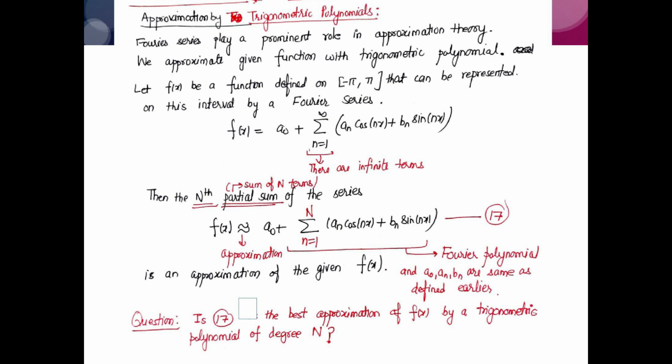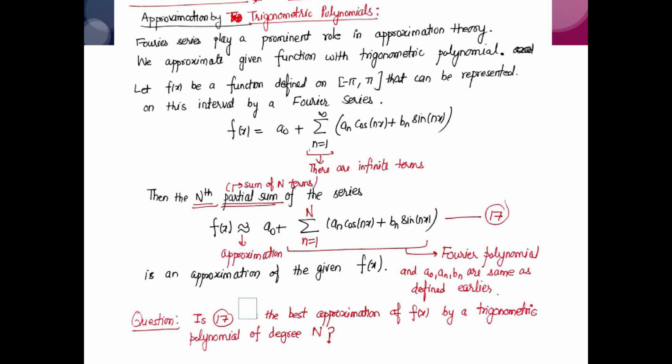This is the Fourier polynomial. On the left hand side we have f of x, but in the center I am writing an approximation sign, because from the Fourier series we have eliminated or truncated some terms starting with n plus 1, n plus 2 and so on. So they may be equal, may not be.